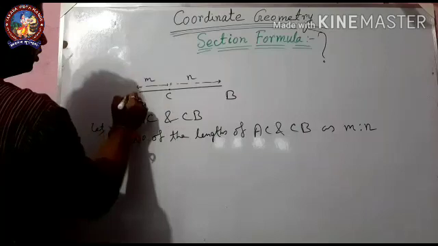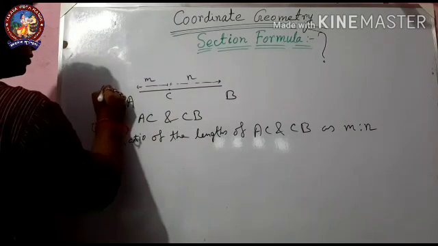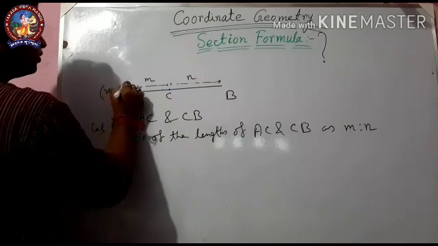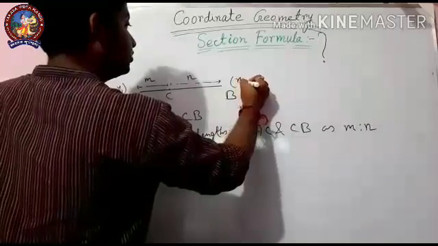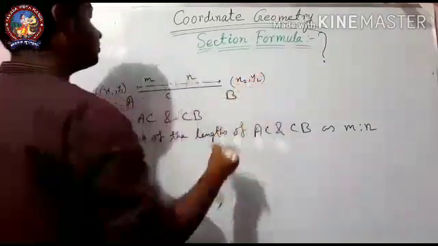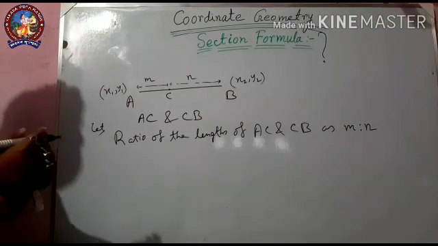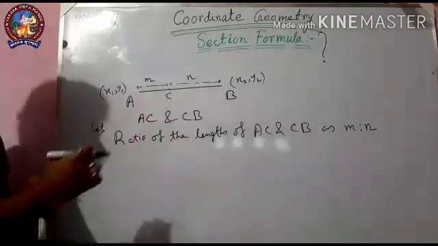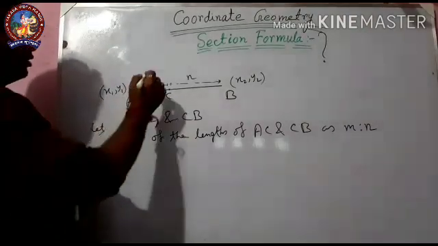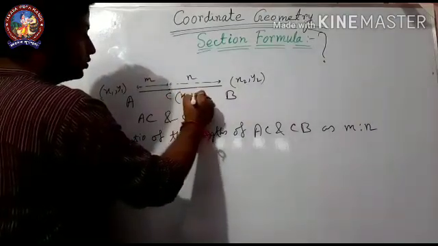Now let the coordinate of the point A be x1 comma y1, and the coordinate of the point B be x2 comma y2. I have to calculate the coordinate of the point C. Let the coordinate of the point C be x comma y.